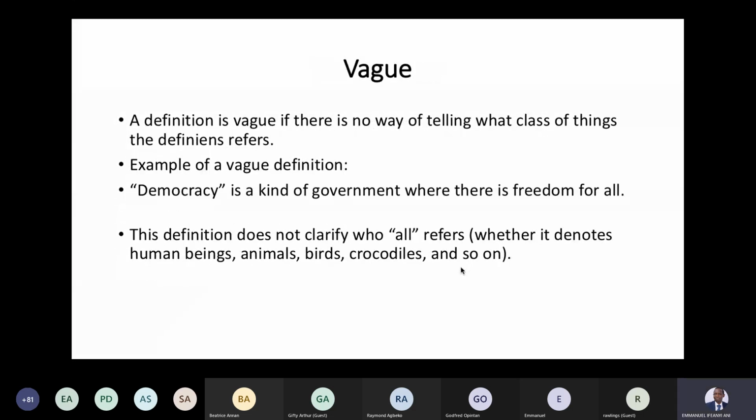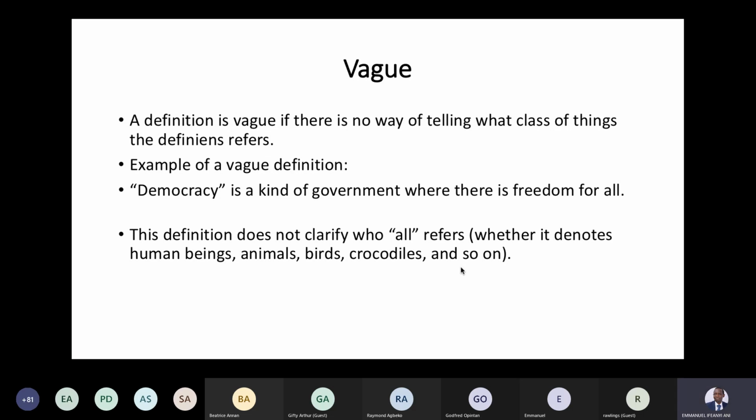Then we have vague. The definition is vague if there's no way of telling what class of things the definiens refers to. Example of a vague definition. Democracy is a kind of government where there's freedom for all.